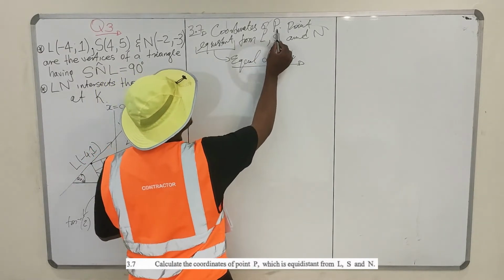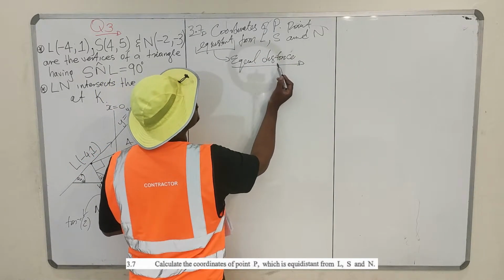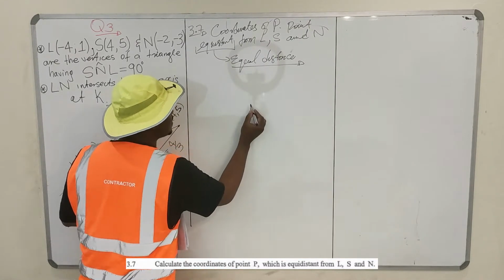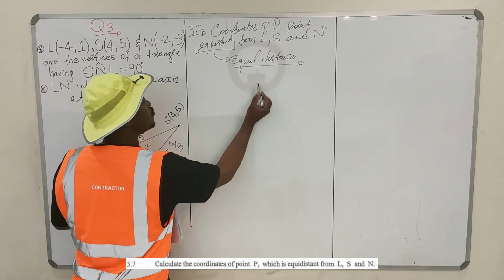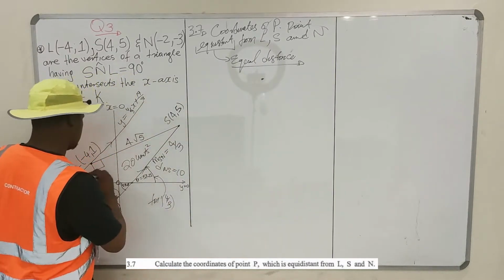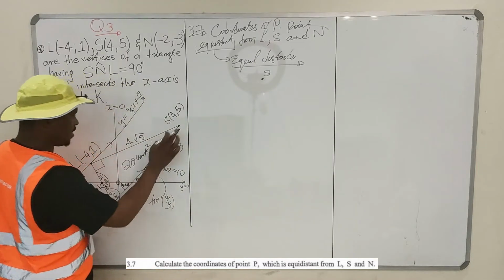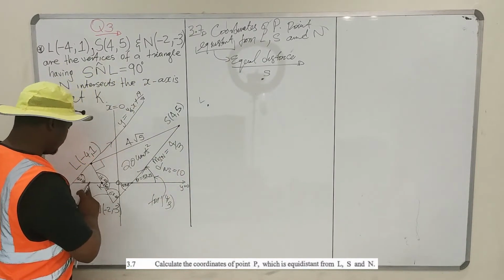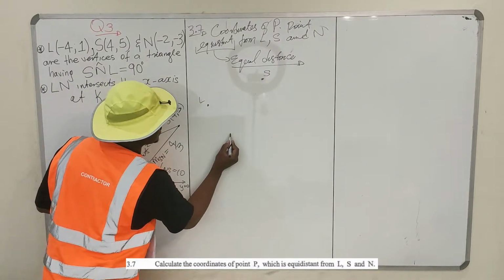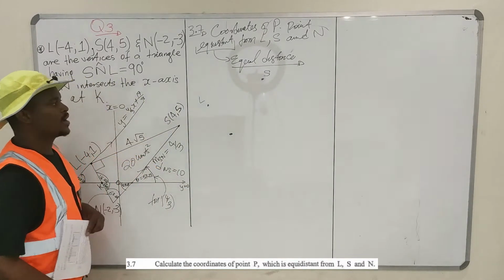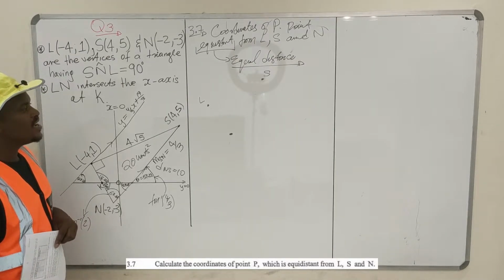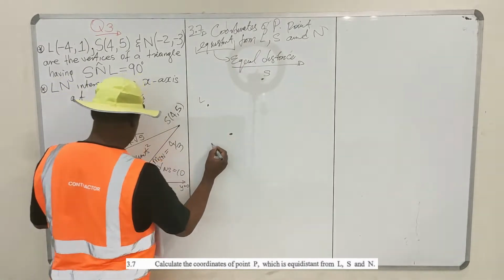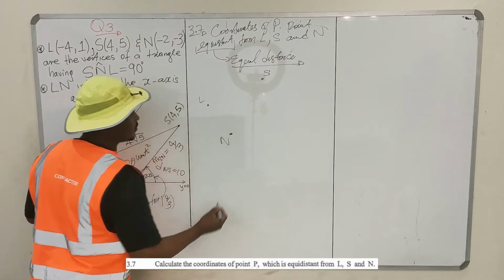So the point P that they want you to find, they want it to be the same distance. So if, let's say, in this case, you have S here, you have L, which is this, and you have N sitting here.